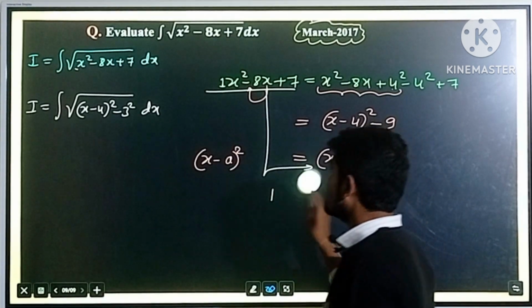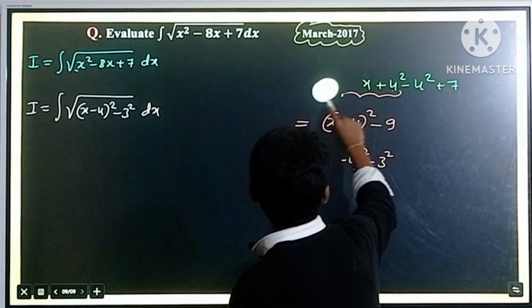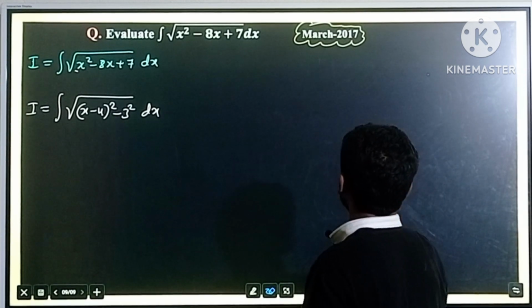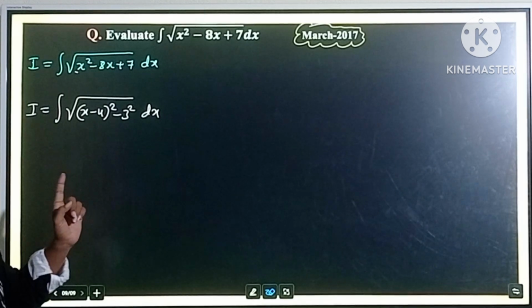After this, just observe this integration problem: the integration of the square root of x minus 4 whole square minus 3 square with respect to x.